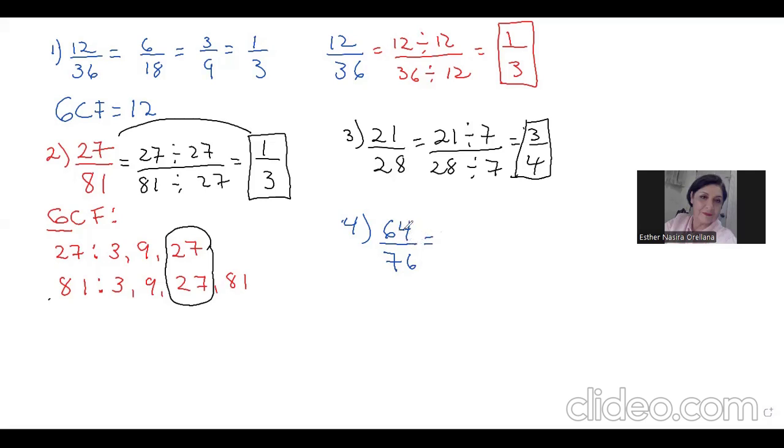What would be the equivalent fraction for 64 over 76? Let's find out. Greatest common factor. Let's write it here. We're going to write that there.